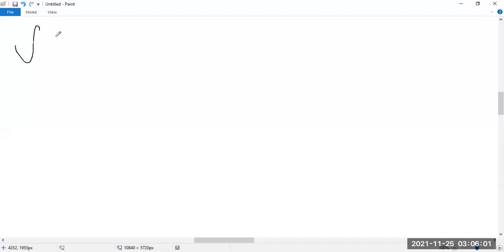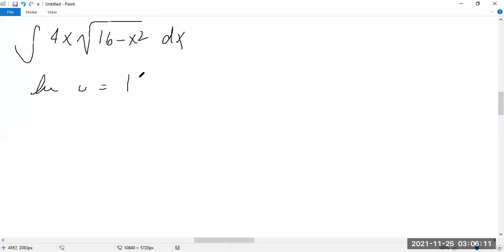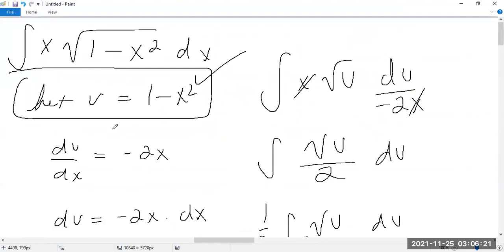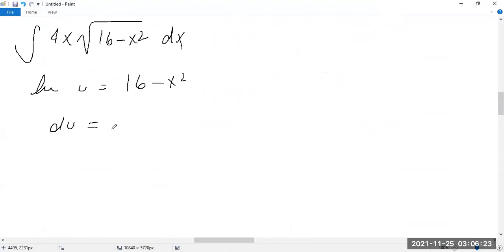So what about this one here? You have the integral of 4x times the square root of (16 minus x squared) dx. Let u equal 16 minus x squared. And then du equals, wait, I think we just did this question, didn't we? Something like it, it's okay.